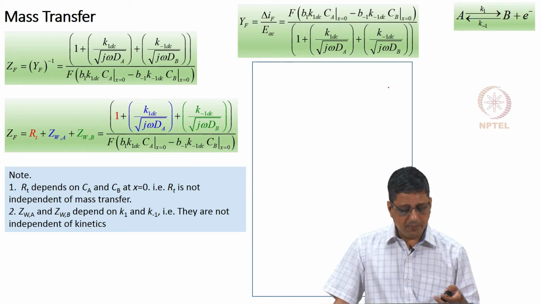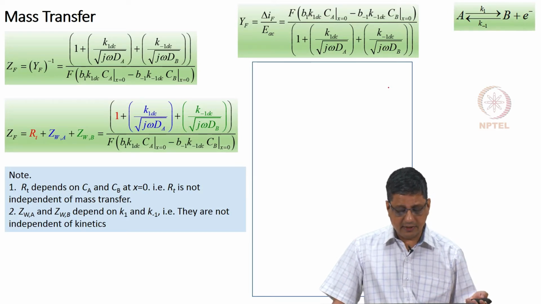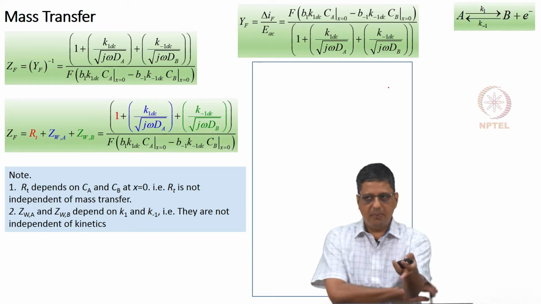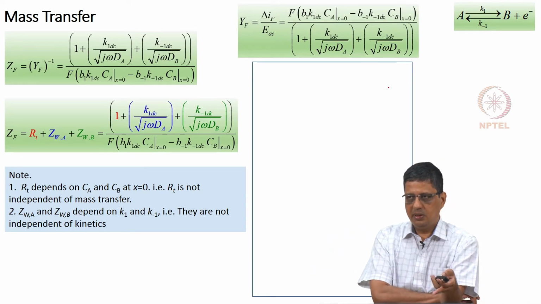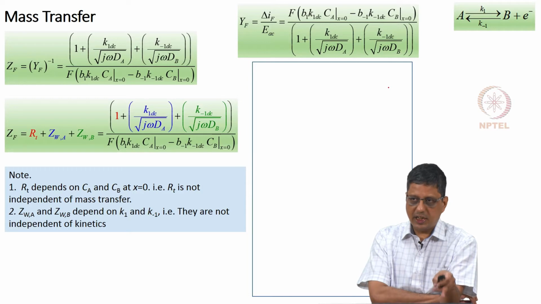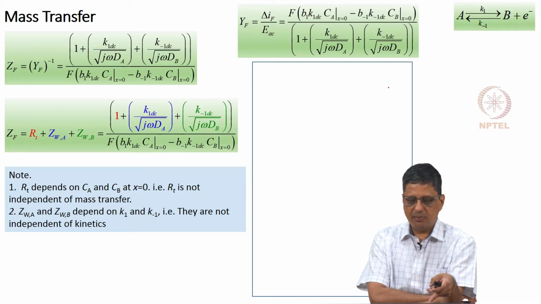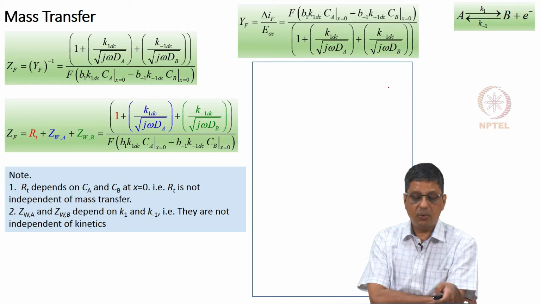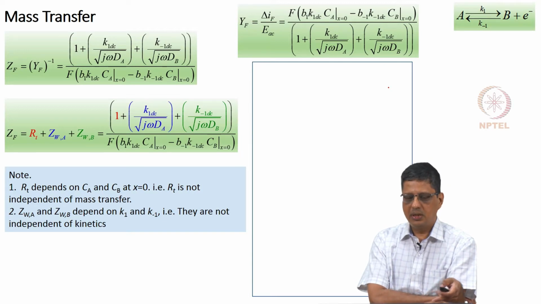Now, RT depends on the concentration of Ca and Cb at the surface. It is not completely independent of mass transfer. Concentration in general, okay, when we come to finite boundary layer thickness, it becomes important. And likewise, if you look here, ZWA and ZWB depend on K1 and K minus 1, and they are not exactly independent of kinetics.